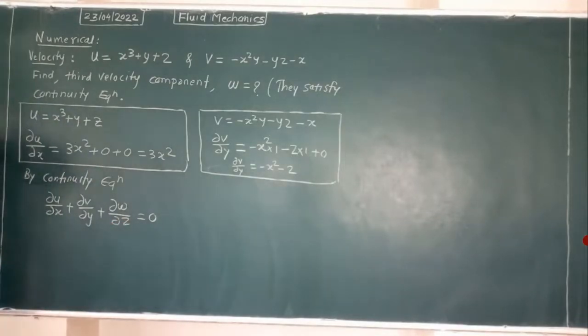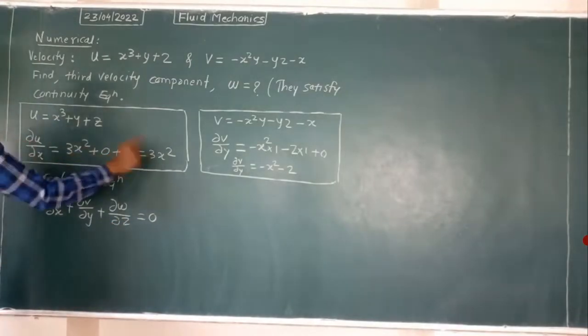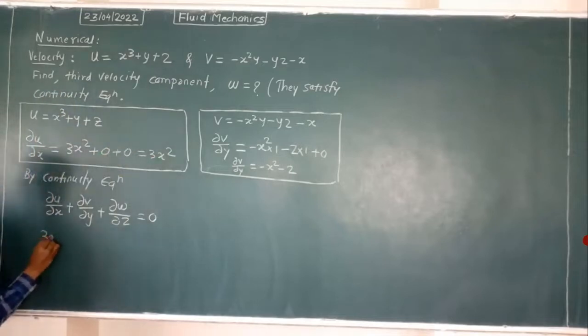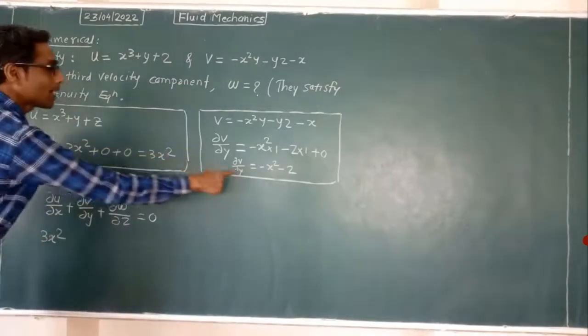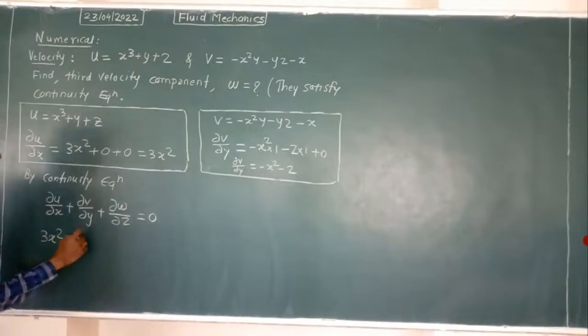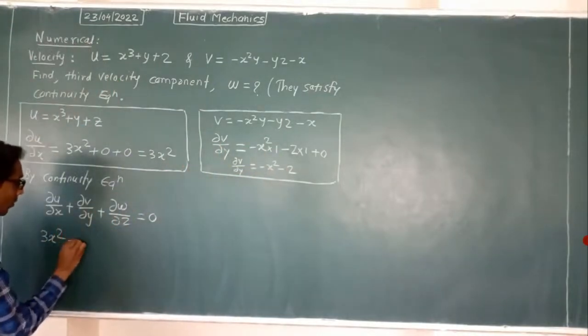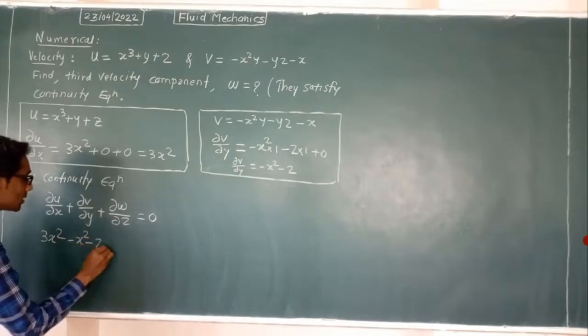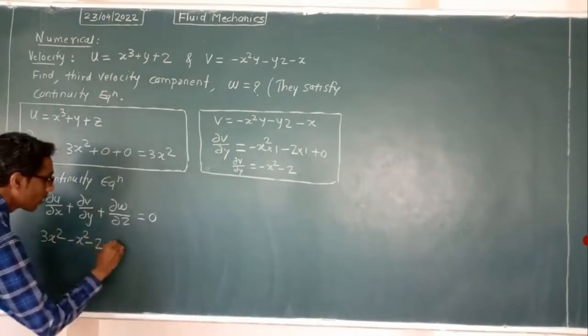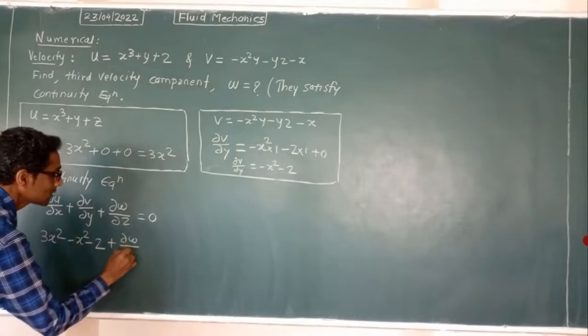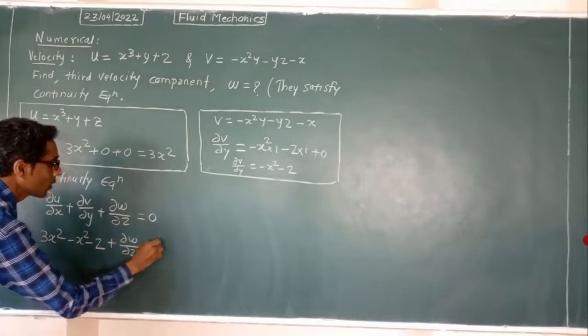Here we put dou u by dou x equal to 3x square, dou v by dou y equal to minus x square minus z, plus dou w by dou z. This differentiation component we have to find.